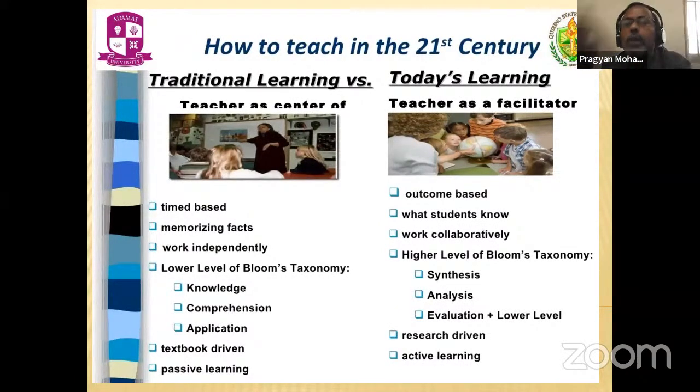Now in the case of 21st century learning, since the teacher's role is converted into that of a facilitator, automatically the process of learning has also changed. Here it is totally fixed as outcome based.